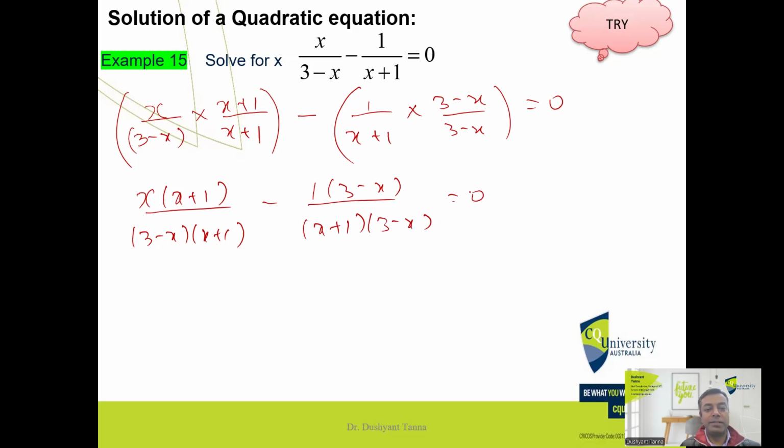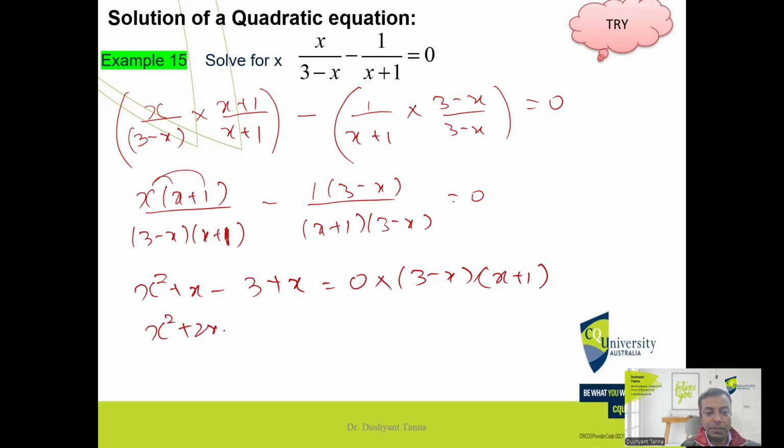Don't worry about the denominator, because that's when it's the same. You can combine it and take it to the right-hand side. Just focus on multiplying this. So x squared plus x minus 3 plus x equals 0. So x squared plus 2x minus 3 is 0.